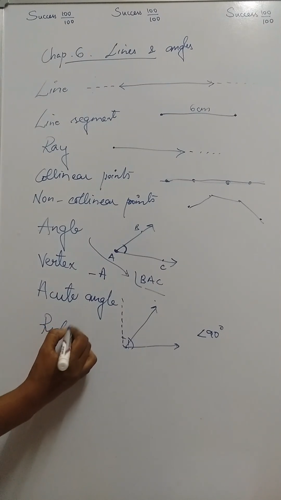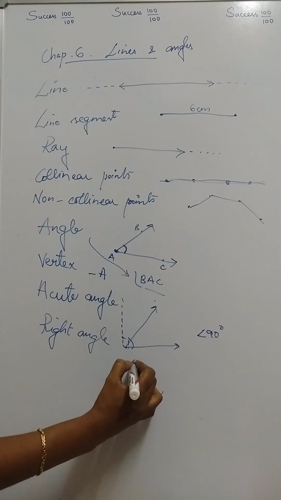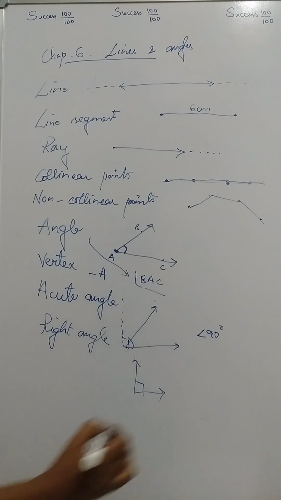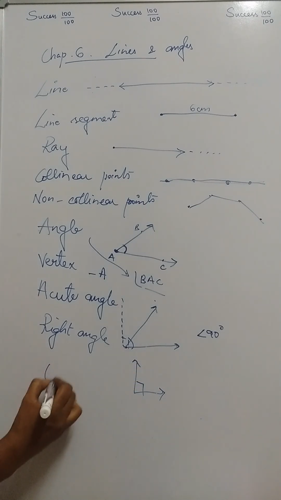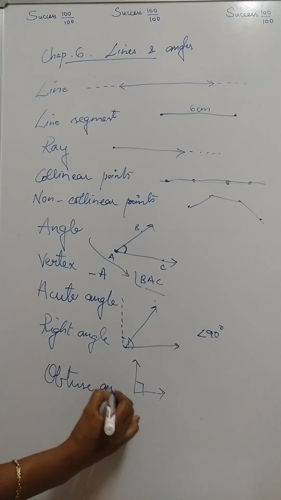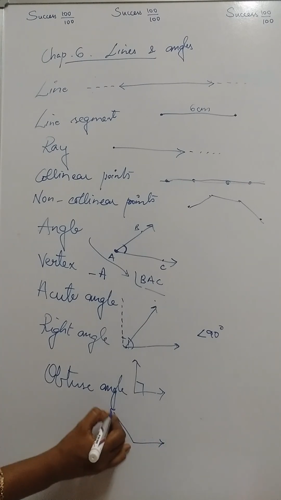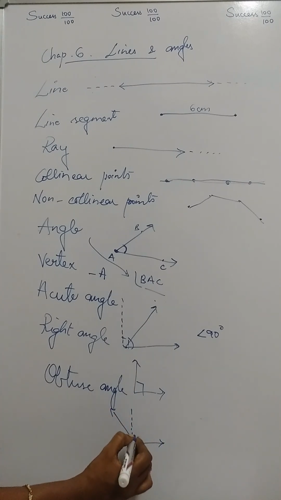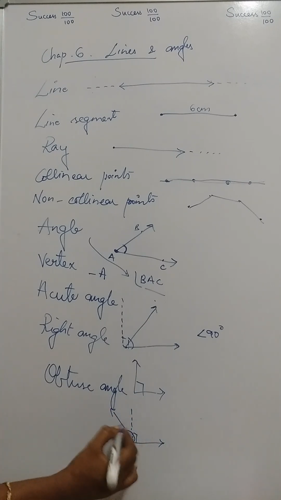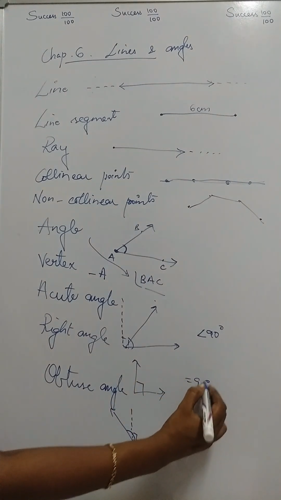Next is a right angle. When the angle is equal to 90 degrees, it is called a right angle. Next is obtuse angle. When the angle is greater than 90 degrees. So you can see here, if this is your 90 degrees, the angle which is formed is greater than 90 degrees. Right angle is 90 degrees.